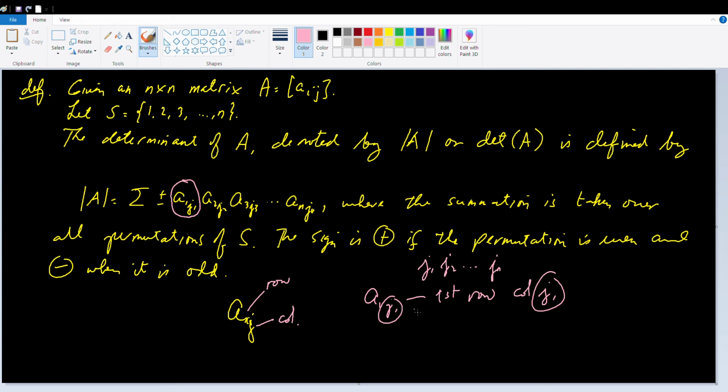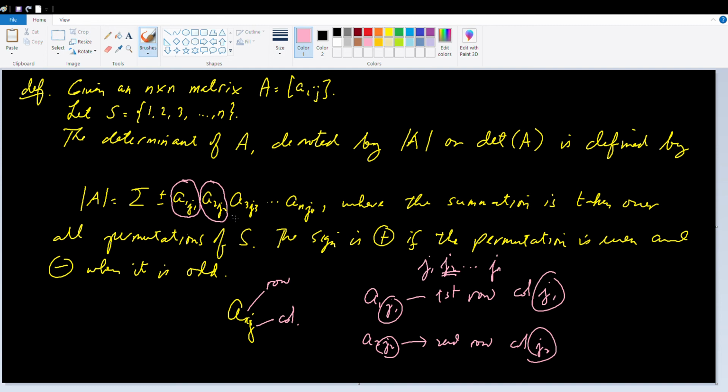Alright? For the second element, it is A sub 2J2, meaning the element comes from the second row and the column it comes from is column J2, which is the second entry in the permutation J1, J2 up to Jn.